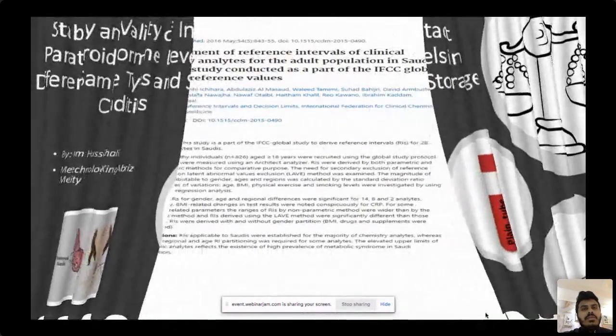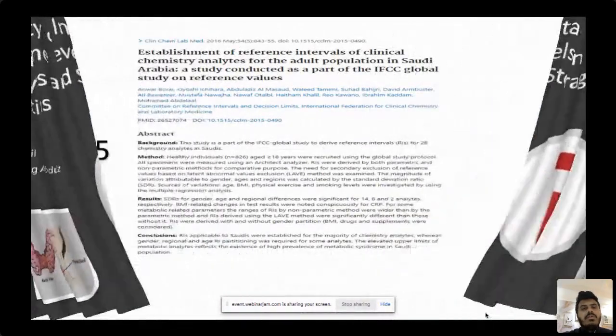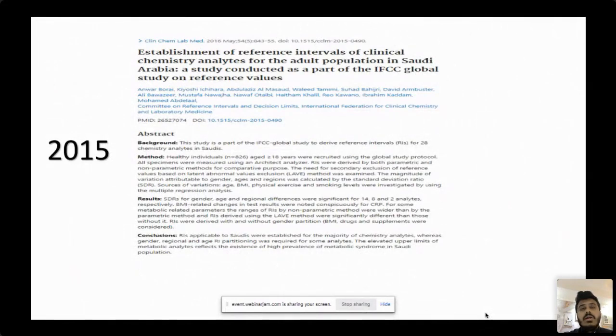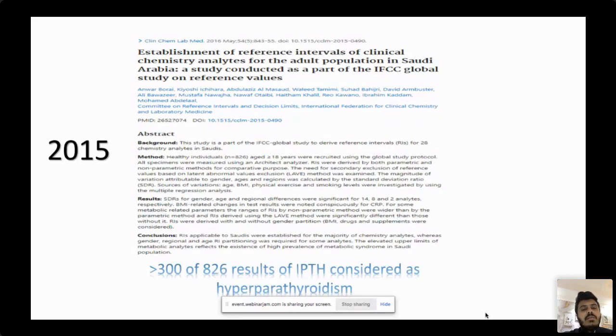In 2015, in one of our research studies conducted in the clinical chemistry lab at King Abdulaziz Medical City to establish the reference range of clinical chemistry analytes for the adult population in Saudi Arabia, we observed that more than 300 of 826 results of intact parathyroid hormone were considered hyperparathyroidism if we depend on the reference range provided by the company.